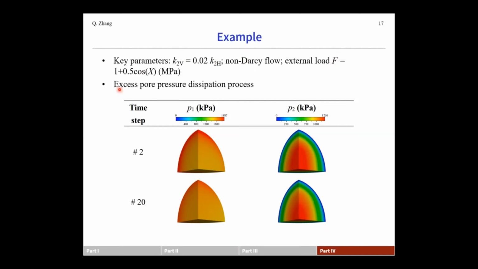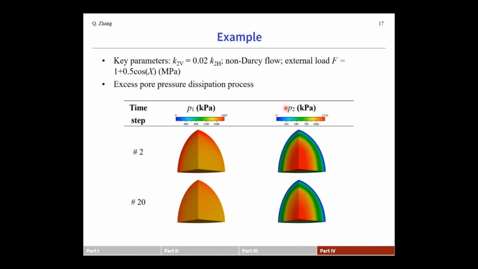So the excess pore pressure dissipation process is shown here. From the first row, we can see that the spatial distribution of P1 is dependent on the external load F, because it is the fluid in the primary porosity that supports the large portion of load in the beginning.